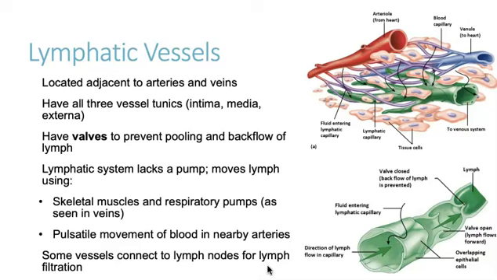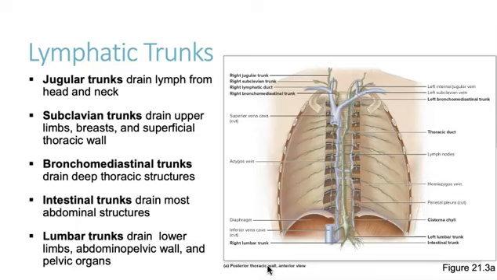So these lymphatic vessels, like we said, are going to travel to a lymph node and then will travel through another lymphatic vessel until it takes it to a lymphatic trunk. So these trunks, you can see we have several throughout the body, will be an area where we can have multiple efferent lymphatic vessels unite.